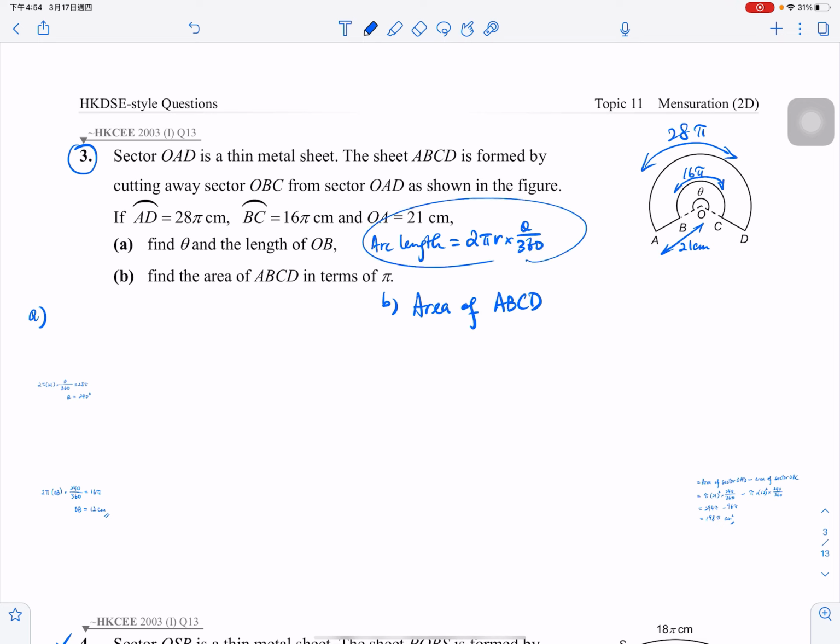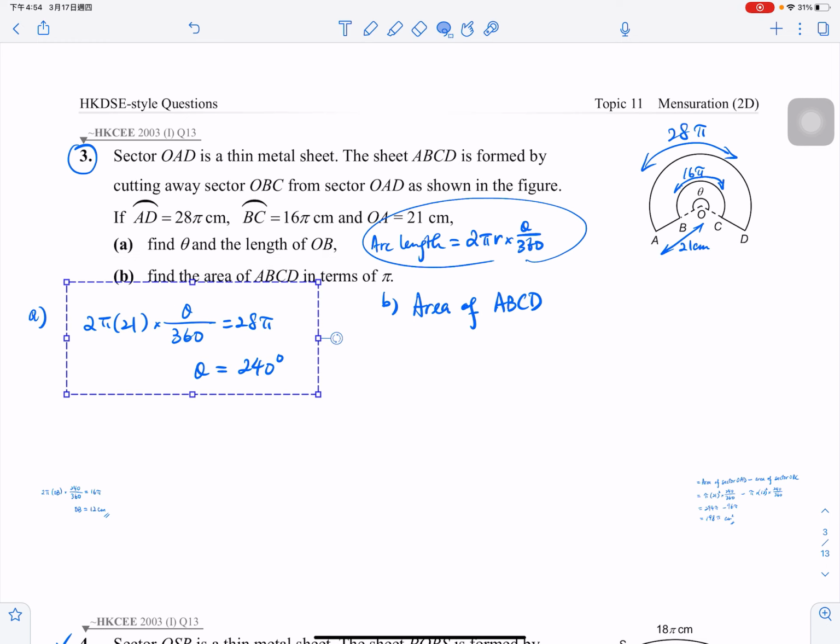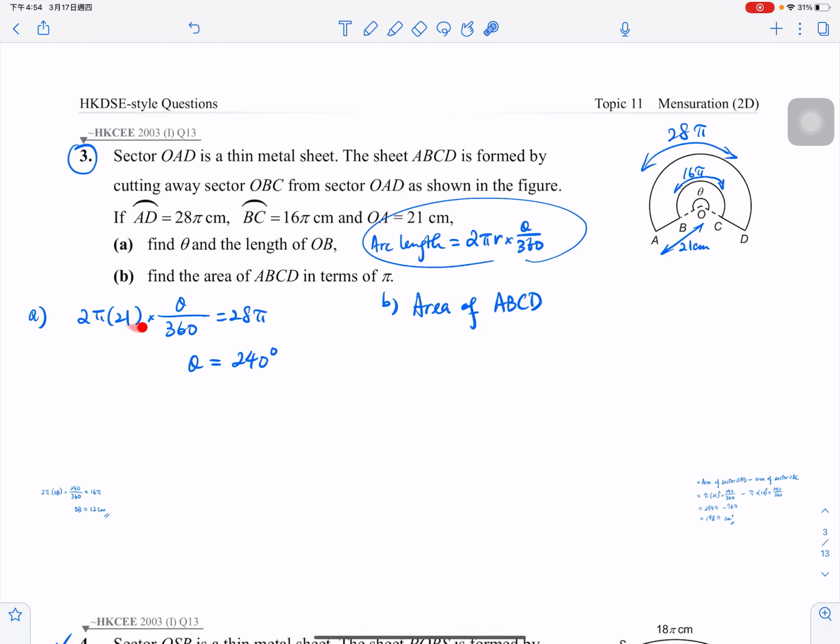Do you remember? So let's try. Here 21 is the longer radius, 2 pi r times theta over 360 equals 28 pi. So theta equals 240. That means this angle is 240 degrees.